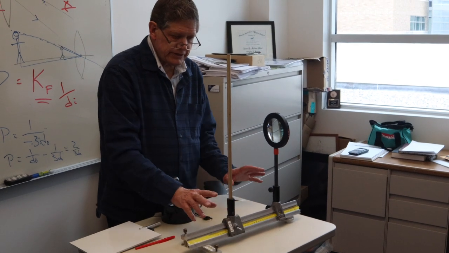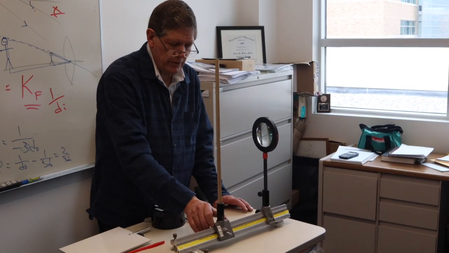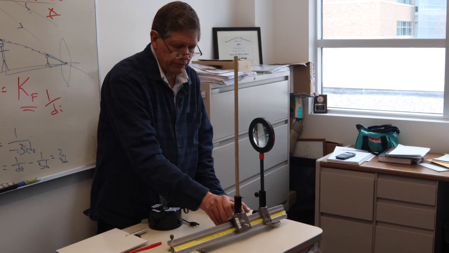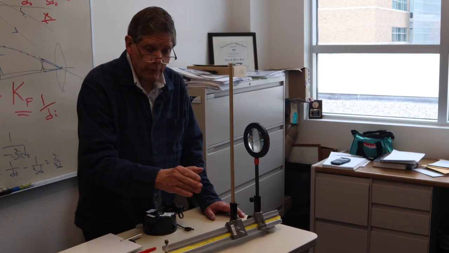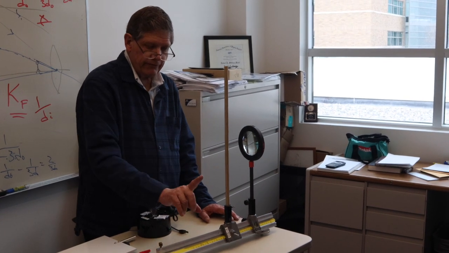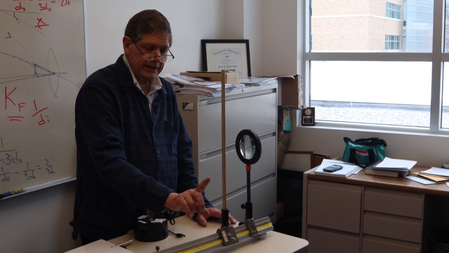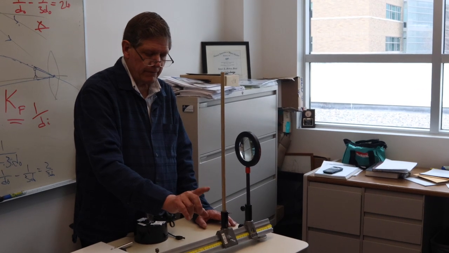So this is the setup when the stick is at the focal point, and when the stick is closer to the lens, by which I mean further away from the camera, the focal point is still back here, and this is where the image of the stack would appear.